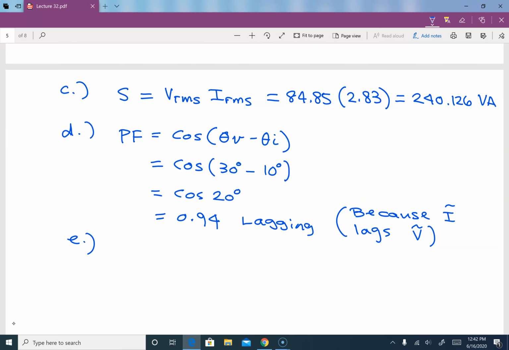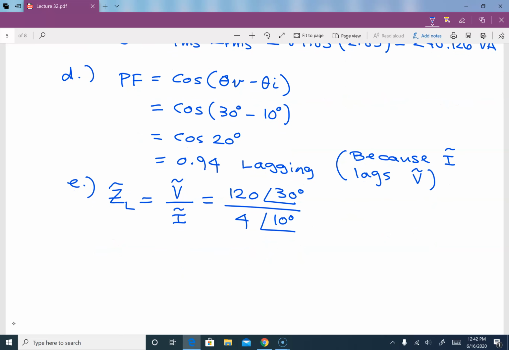And then for letter E, we are looking for the load impedance. So our load impedance, ZL, is equal to phasor V over phasor I, and that is 120 with angle 30 degrees divided by 4 with angle 10 degrees. That is 120 with angle 30.